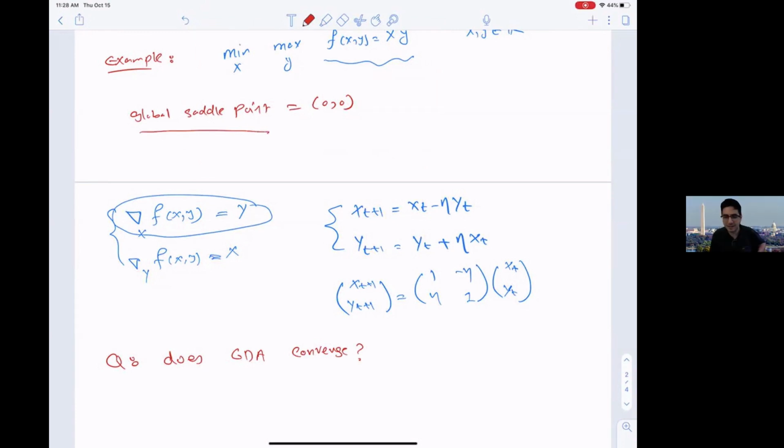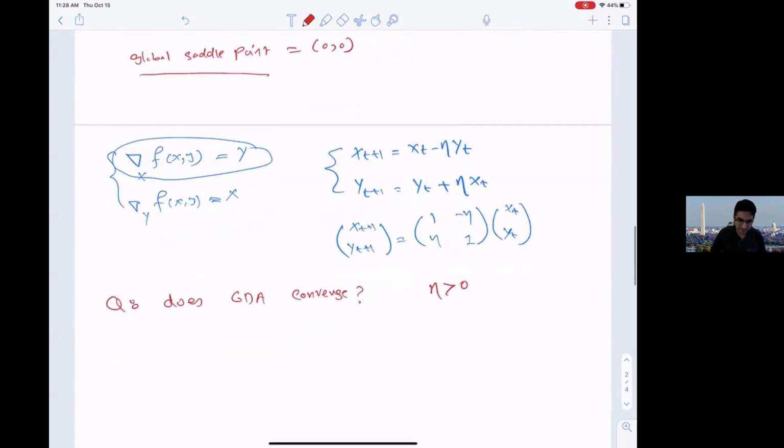Yeah, let's say it is like 0.1. Or let's say it is very small, whatever you like, but it's positive, right? So eta is positive. Okay, so I see mixed responses in the chat box. Some people say yes, some people say no.